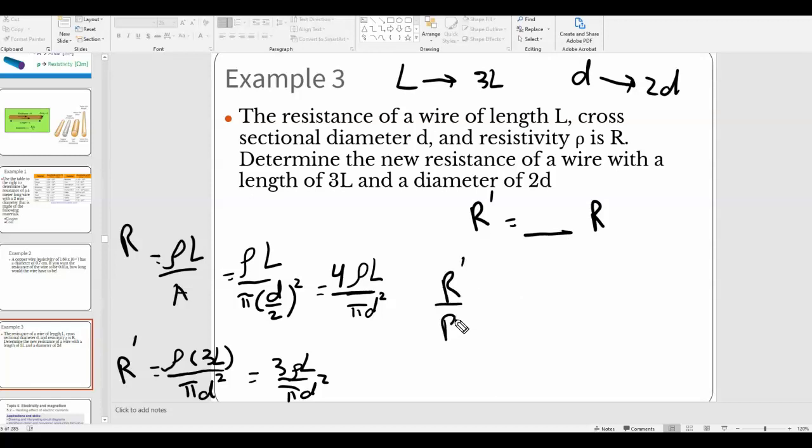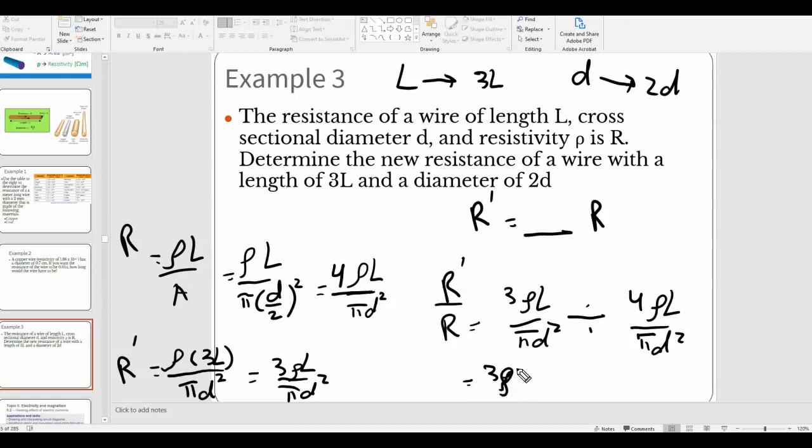That would just be R prime over R. If I do 3 rho L over pi D squared, and divide by my other expression, remember when you divide a fraction, you flip the second one and you multiply. I should have taught you that in elementary school or middle school or something. And the pi cancels, the D squared cancels, the L and rho cancel, and we just get 3 over 4.